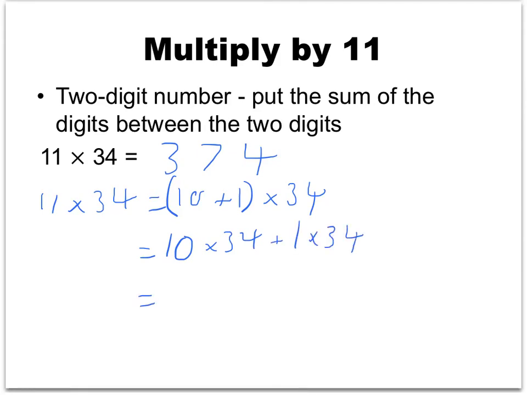And so this is going to be, we multiply 10 times 34, these digits are going to get moved over one place to the left, and so we get 340, and then plus 34. Now, let's do this arithmetic off to the side here. So 340 plus 34.